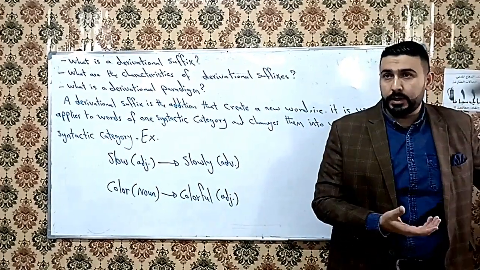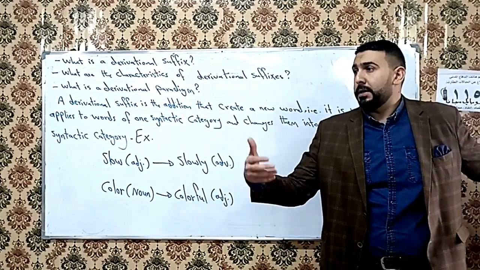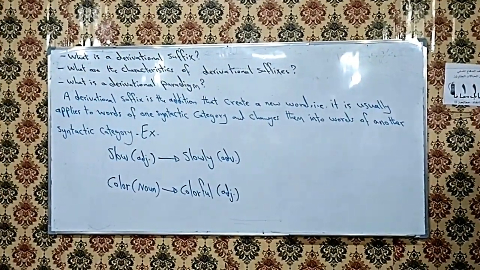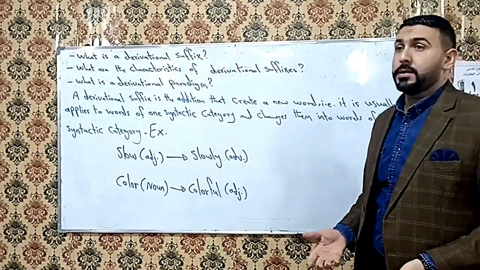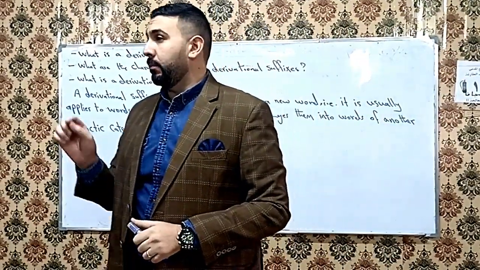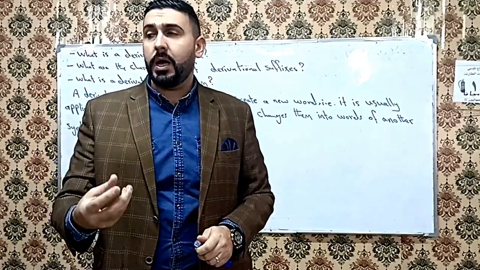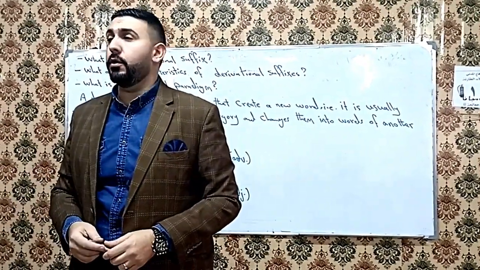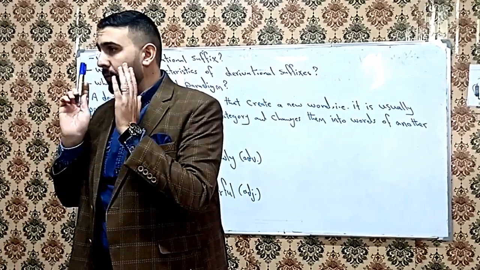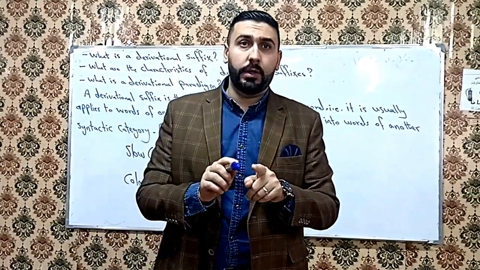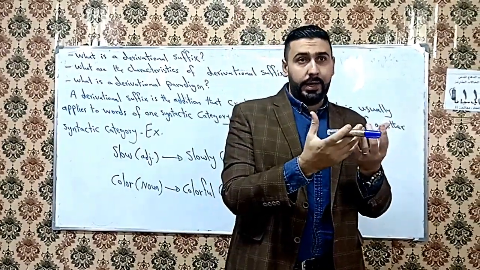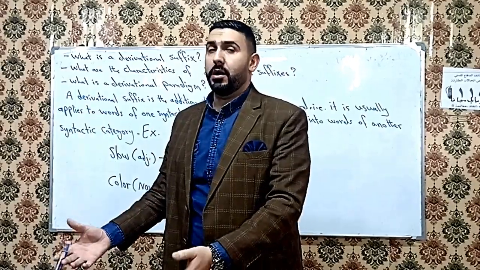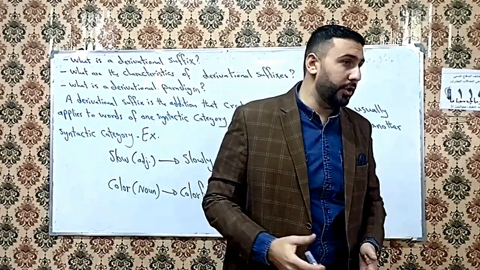For example, build, the past of build is built, and read, the past of read is read, so there is no ed. But if I give you such irregular verbs in the examination, and I ask you about the morphemic symbol, you have to keep in mind the morphemic symbol is used as a title, and under this title there are regular and irregular verbs.